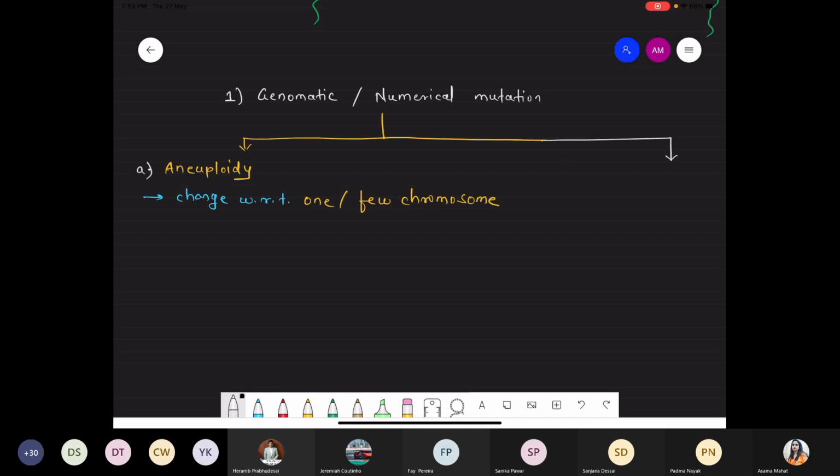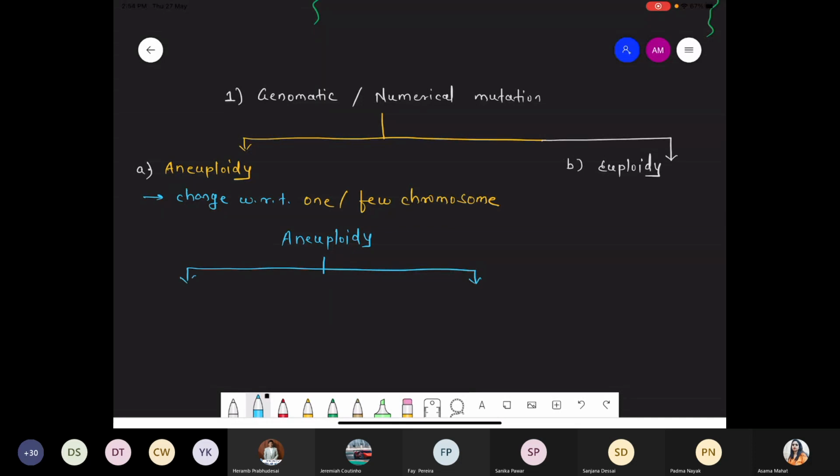First one aneuploidy and the second one euploidy. When it is a change with respect to one or a few chromosomes, that time it is called aneuploidy. Now that aneuploidy again divides into two subtypes.